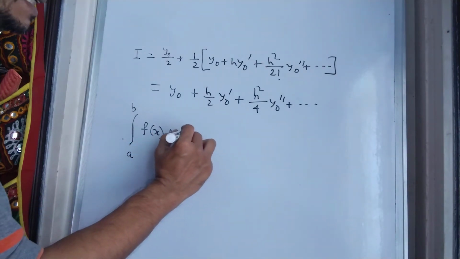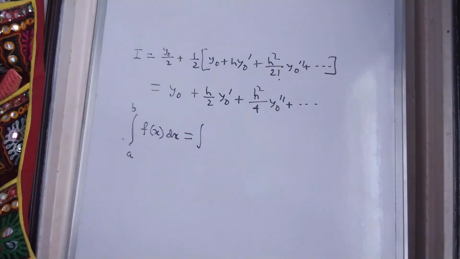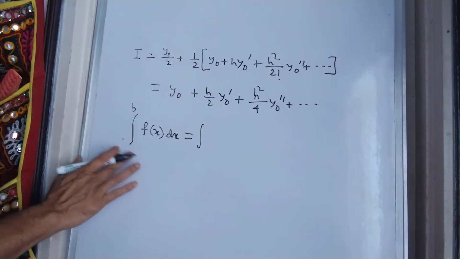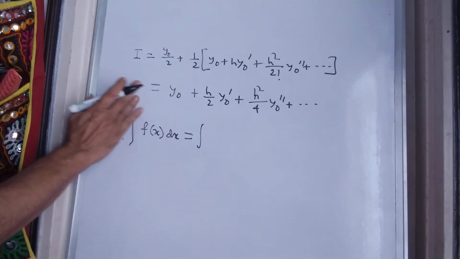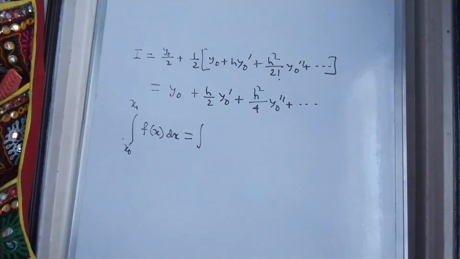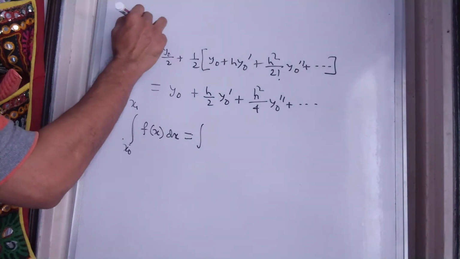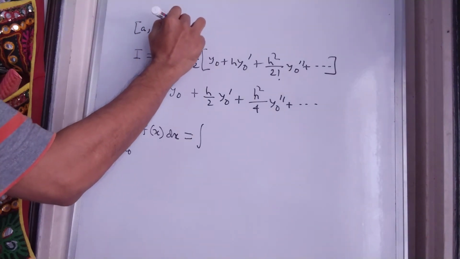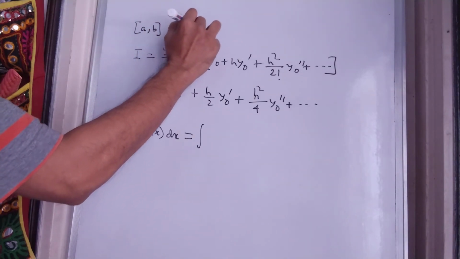So we tend to write it as, since we are concerned with the 2 points x0 and x1, obviously we substitute x0 and x1 in place of a and b, because we know that we can subdivide this a to b in this format.